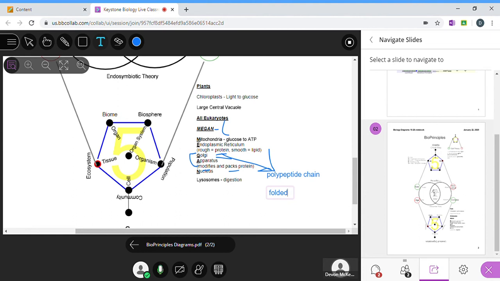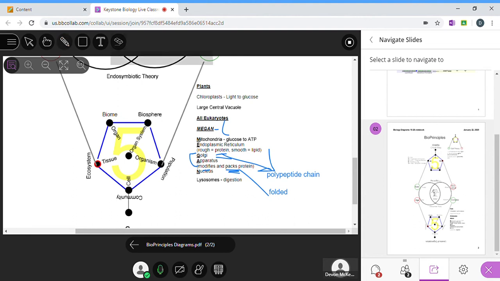While the endoplasmic reticulum makes the polypeptide chain, it's the Golgi apparatus that actually folds it and modifies it and turns it into a functioning protein, and then it packages it up and ships it somewhere, wherever it needs to go.